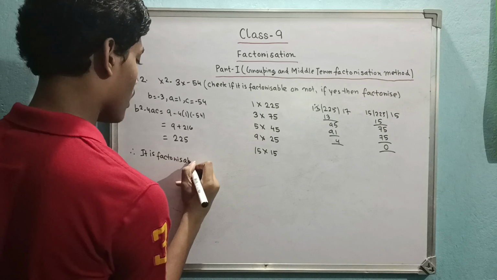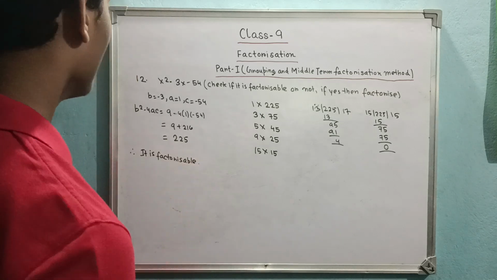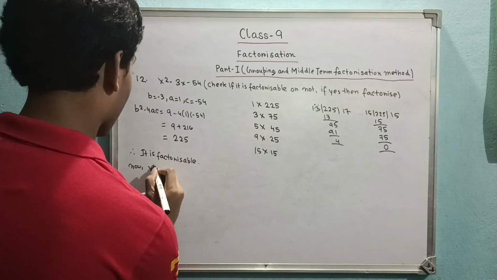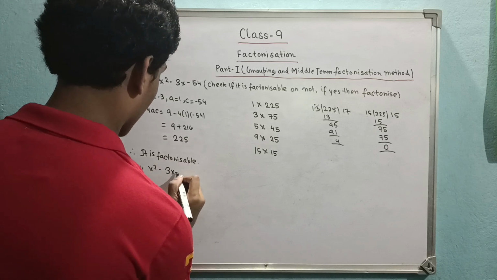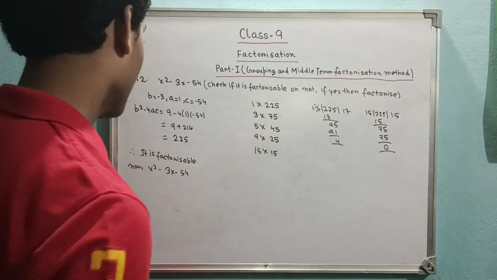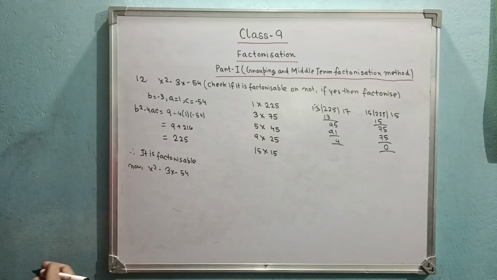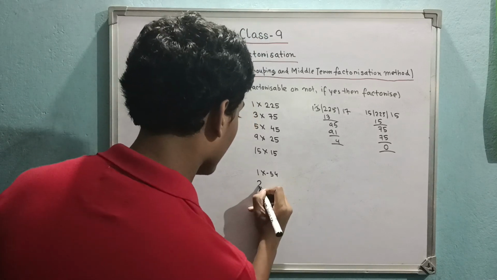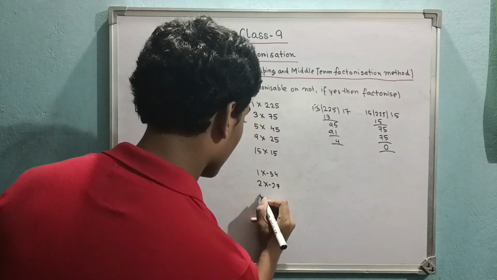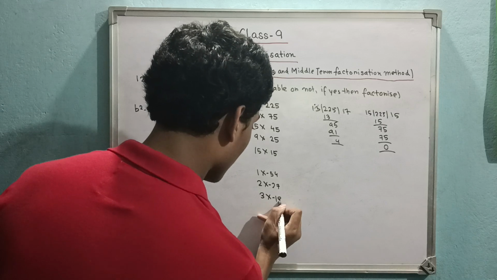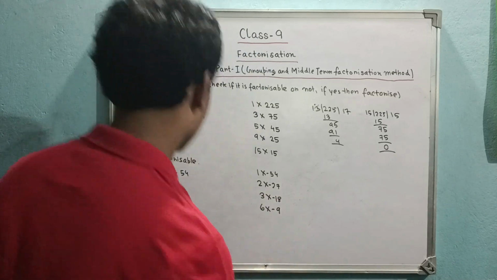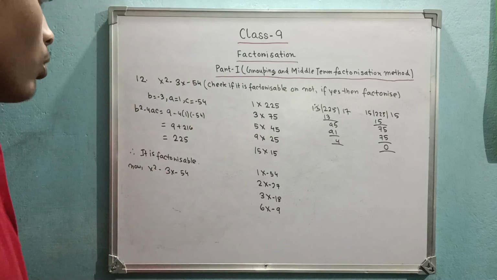Now let us see how we can factorize it. So now x square minus 3x minus 54. Good. Let's see how minus 54 can be made. 1 into minus 54, 2 into minus 27, 3 into minus 18, by 4 can't be done, 6 into minus 9. Okay.